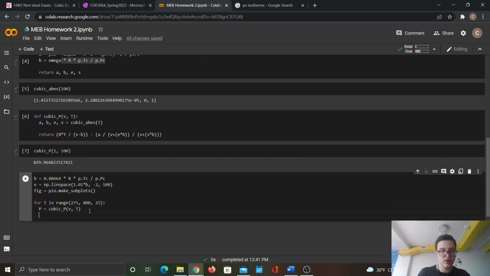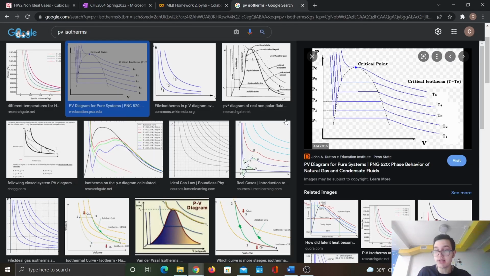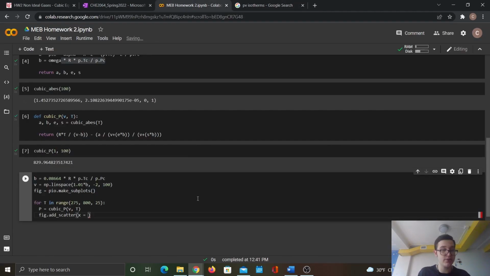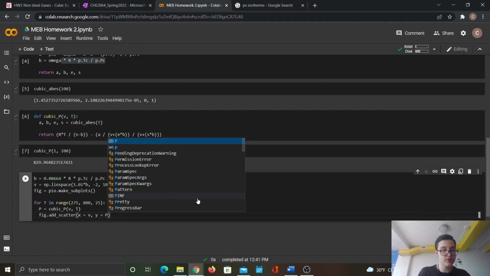Okay. Now we're able to fig.add scatter to make the plots. We're going to make the individual lines. So x is going to be equal to, well, x is equal to v, so x is going to be equal to v. And we know that y is equal to the pressure.